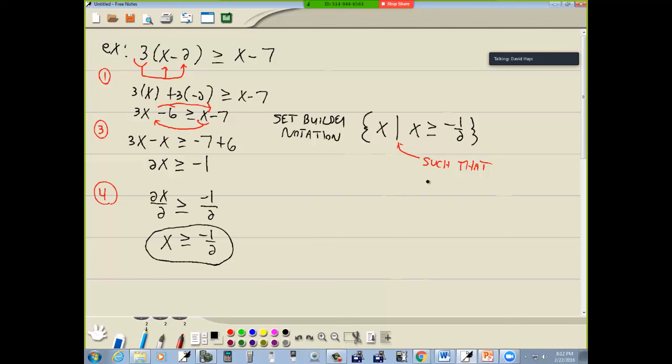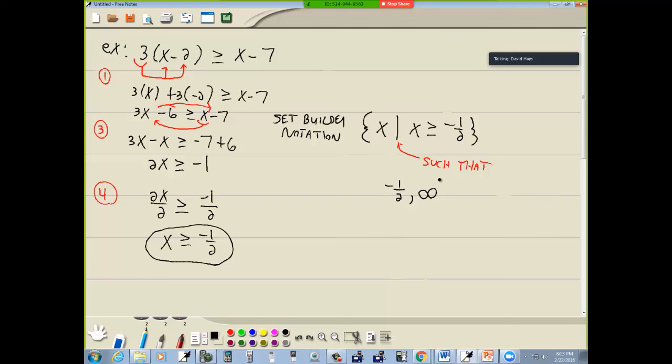Now, that's set builder notation; next is interval notation. Whenever you have a greater than, it always goes to positive infinity. So this would be -1/2, comma, positive infinity. Now positive infinity is a very large number you can never reach. What's the largest number you can think of? 1 billion? No. 1 billion plus 1. 1 billion plus 2. You can keep adding over and over, so you can never reach it.